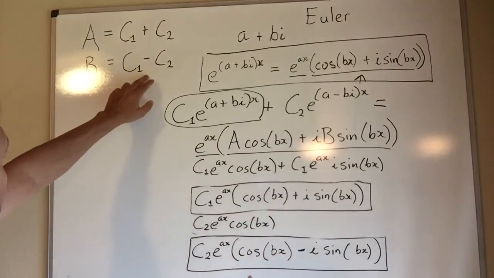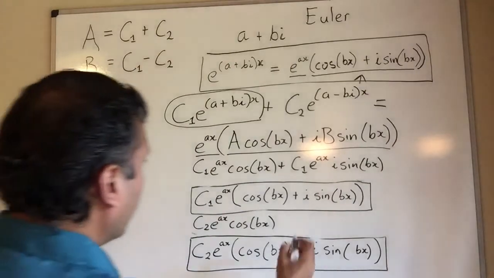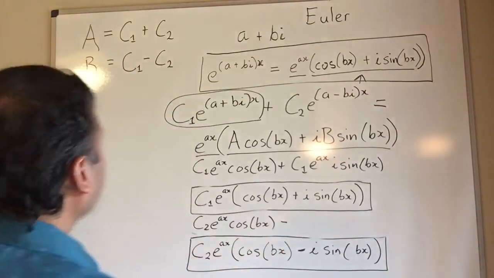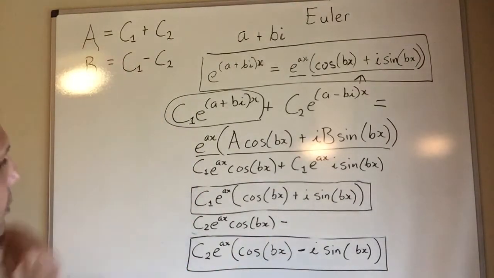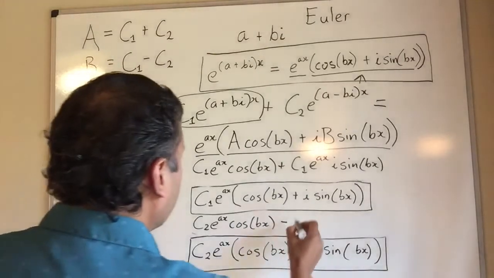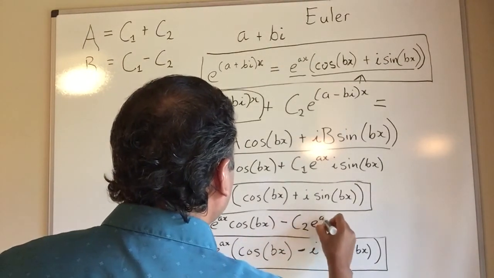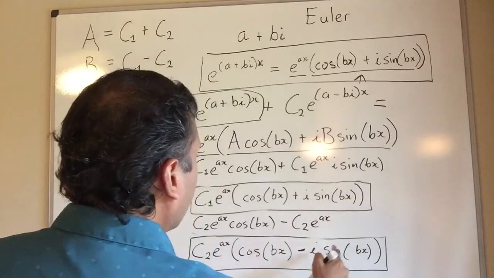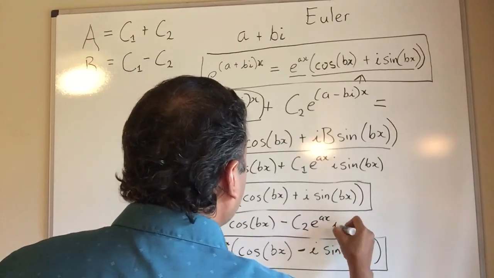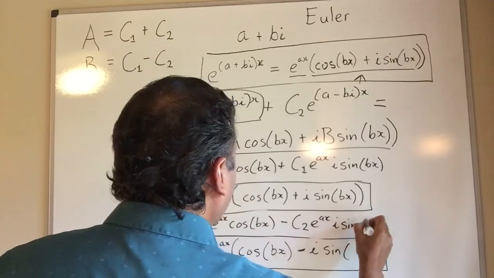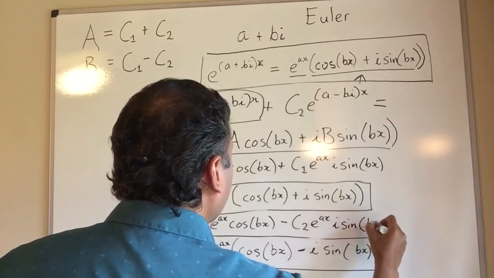So I'm noticing that I'm coming very close to the expressions that I'm supposed to find. Equals C2 e to the AX I sine BX.